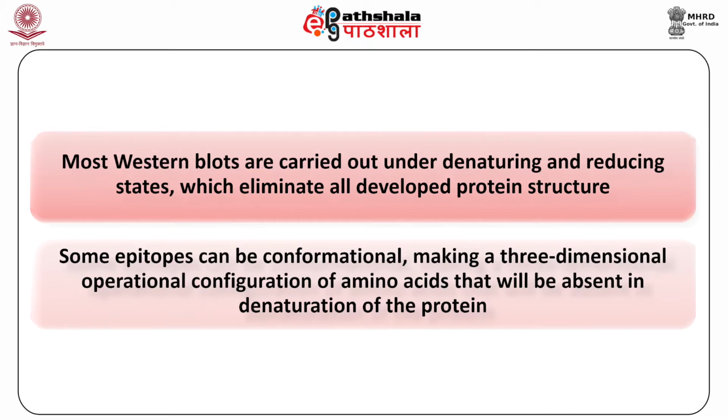In contrast, some epitopes can be conformational, making a three-dimensional functional configuration of amino acids that will be absent in the denaturation of the protein. Therefore, not all antibodies work in a typical Western blot.